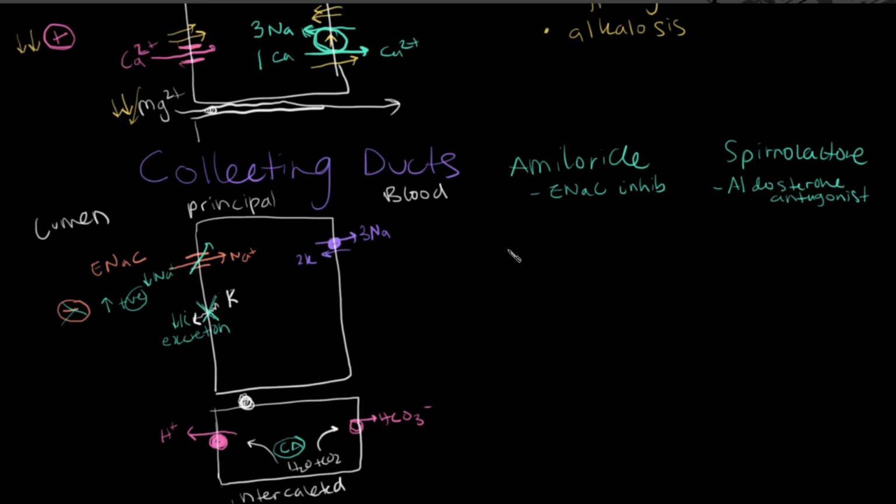Now, considering spironolactone, remember that aldosterone has three functions. Those three functions were to stimulate the basolateral Na-K ATPase, to stimulate the ENaC channel to work harder to absorb more sodium, and also to stimulate this hydrogen ATPase here.